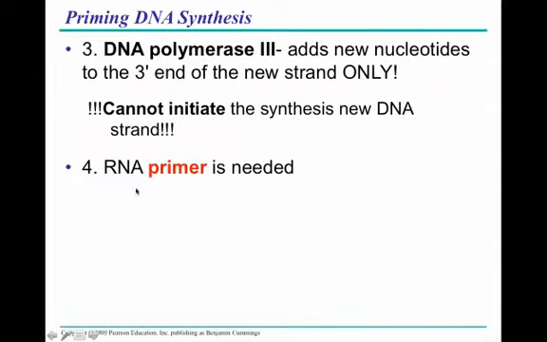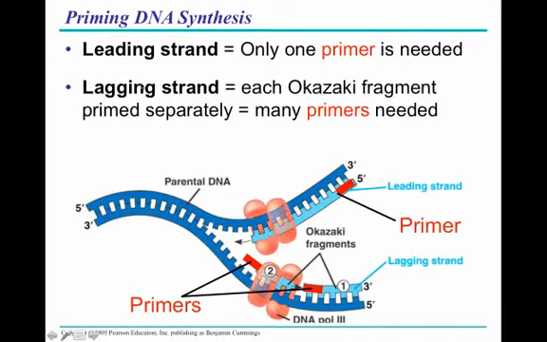So that's where our RNA primase comes in, and it adds a short sequence of RNA. And RNA is very similar to DNA, as you know. It has a 3' end, and the DNA polymerase can then add the new nucleotides to that free 3' end with that wonderful hydroxyl group that's necessary.